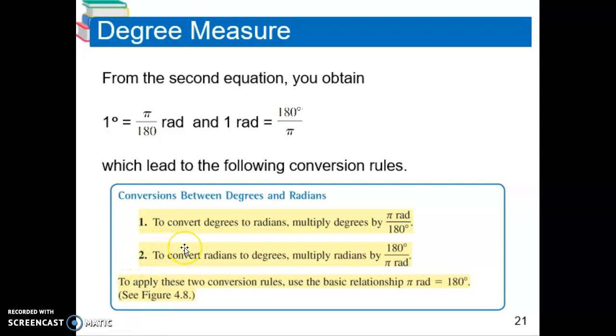If you wanted to convert degrees to radians, multiply your degrees by pi radians and then divide by 180 degrees. If you wanted to do it in the opposite order, convert radians to degrees, then multiply the radians by 180 degrees and then divide by pi radians.